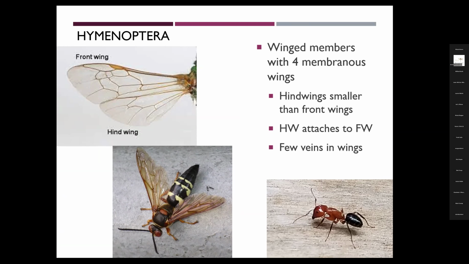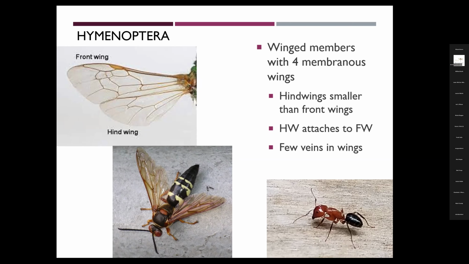And then on the back of the front wing, there's a thickened area that will allow those hooks to grab onto the front wings. So when the wings move, instead of four wings moving individually, it's just two sets of wings. It attaches that front wing and hind wing together so they move in tandem as they're moving around.